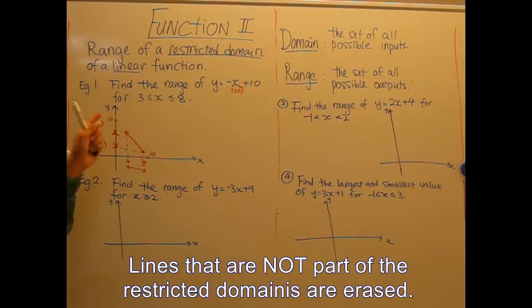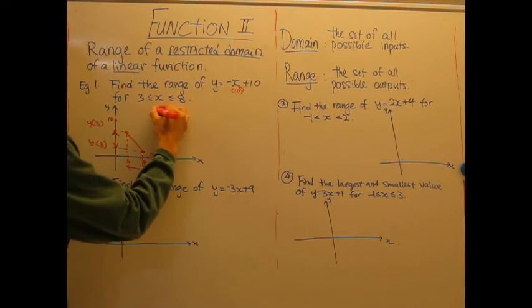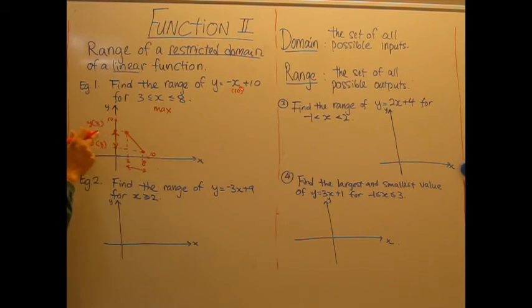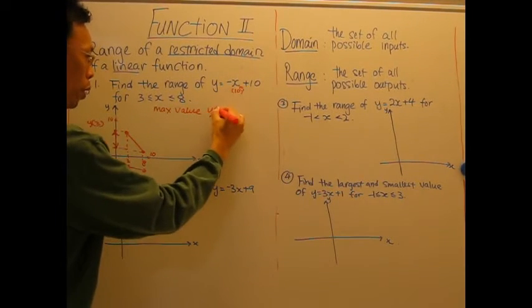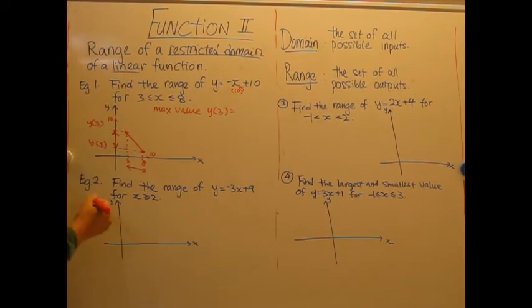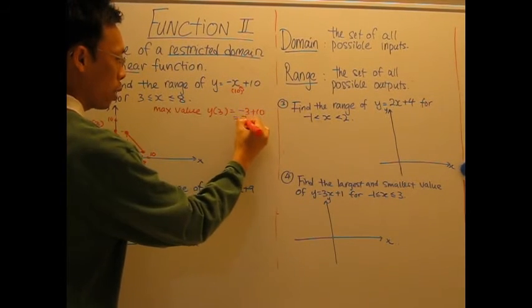From this diagram, because this is a downward sloping graph, the maximum value, as indicated here, is y of 3. That is negative 3 plus 10, and the answer is 7.